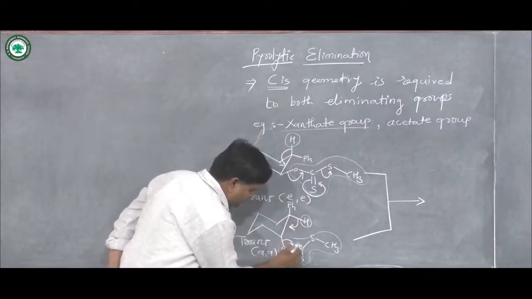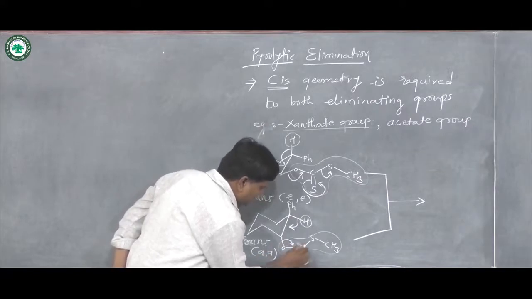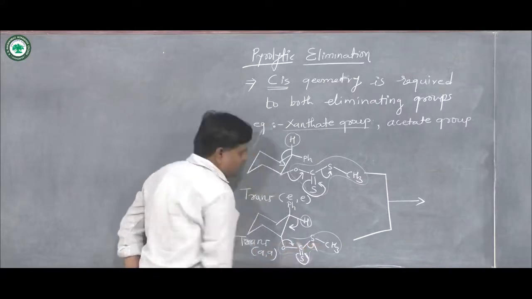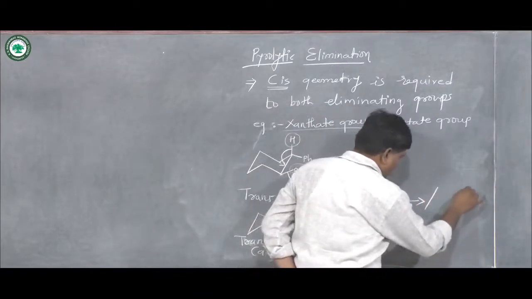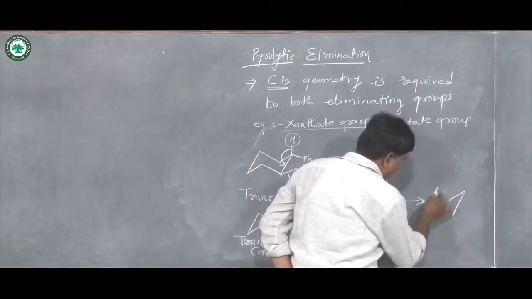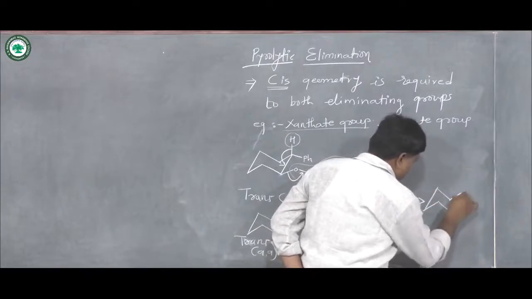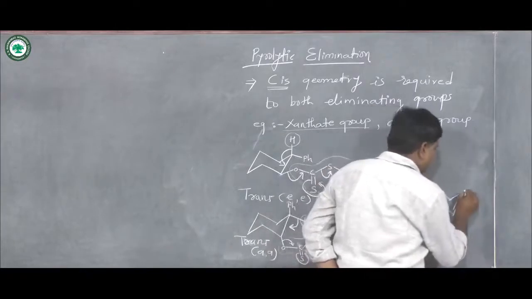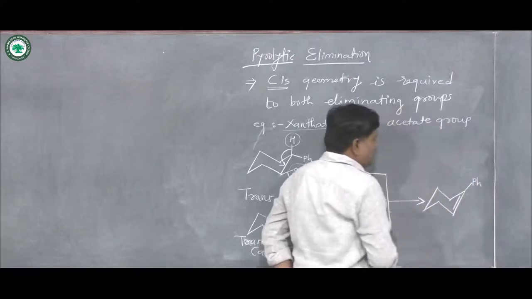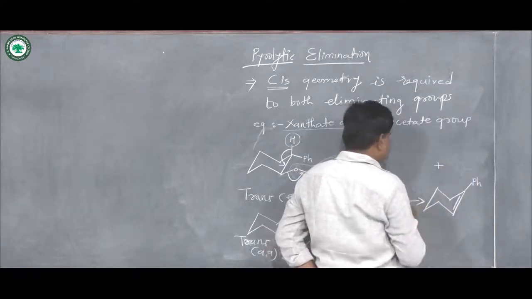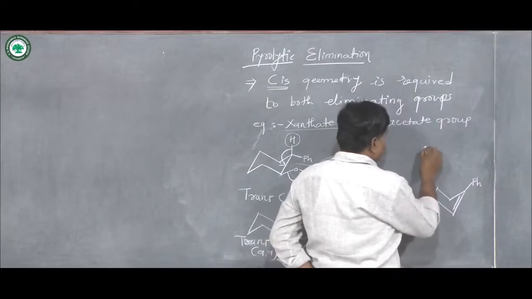We write like this, bond rotation, and here the final product, a single product we get from both of these conformations, is this one. Here we write Ph, then another substituent.